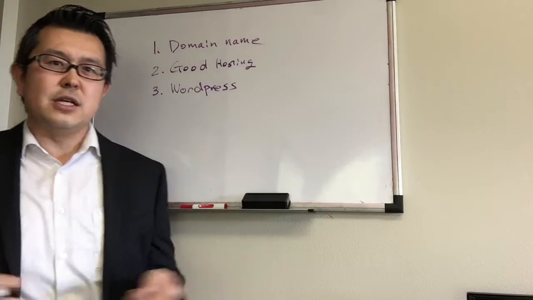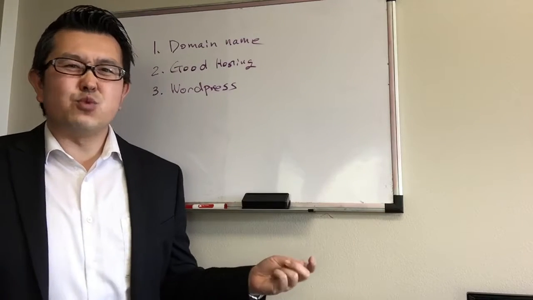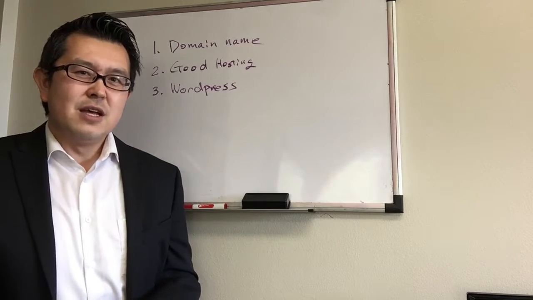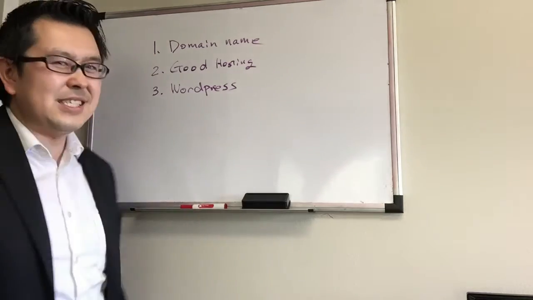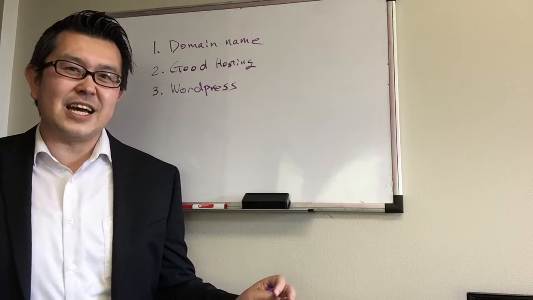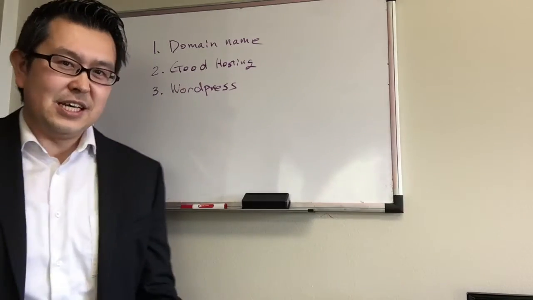There are a lot of different ones like Joomla, Wix, or something like that, but most people use WordPress, and there are a lot of plugins that are very convenient and easy to use.